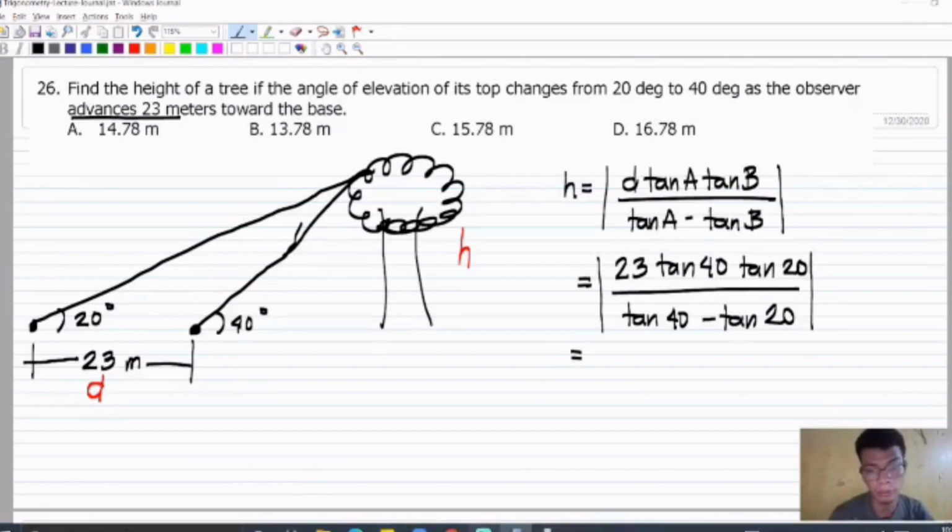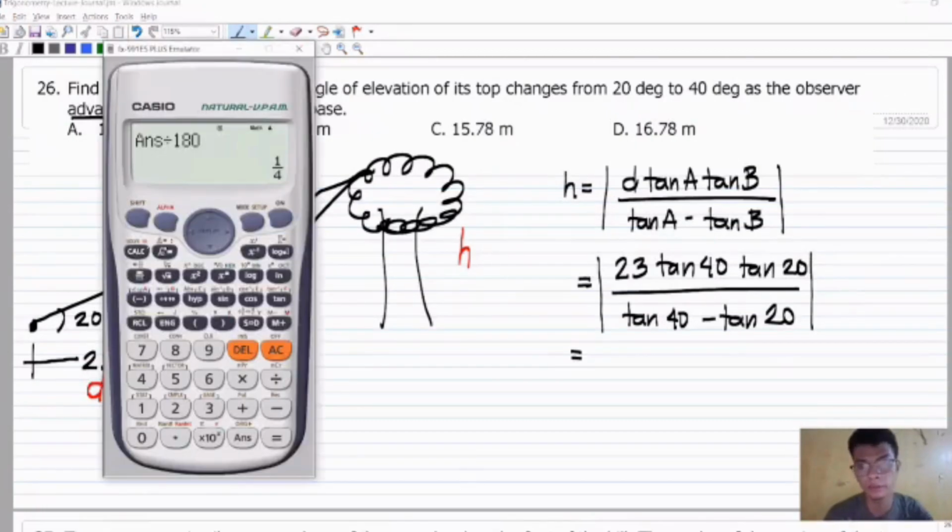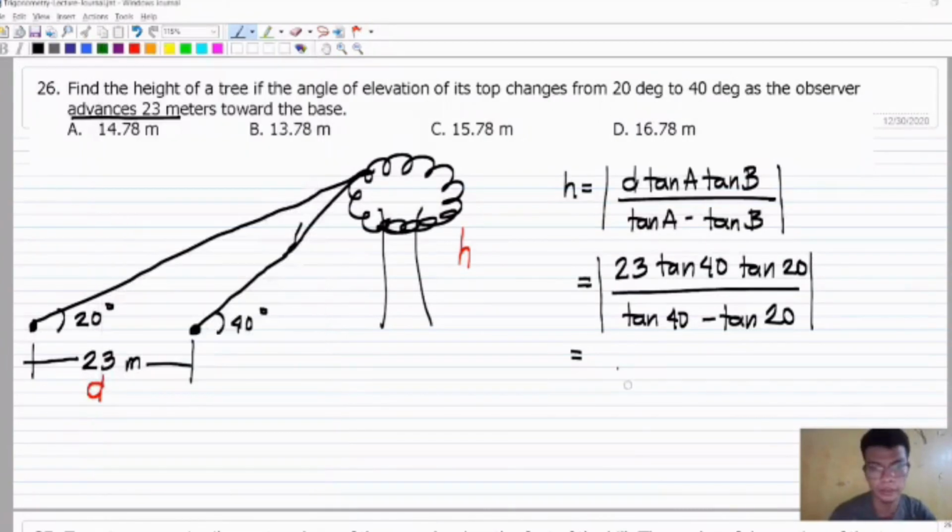Kung nakalimutan naman natin yung absolute value sa formula, magne-negative lang naman yung answer. So the absolute value of the quantity 23 tangent 40 times tangent 20 divided by tangent 40 minus tangent 20. So the answer is 14.78 meters. Letter A.